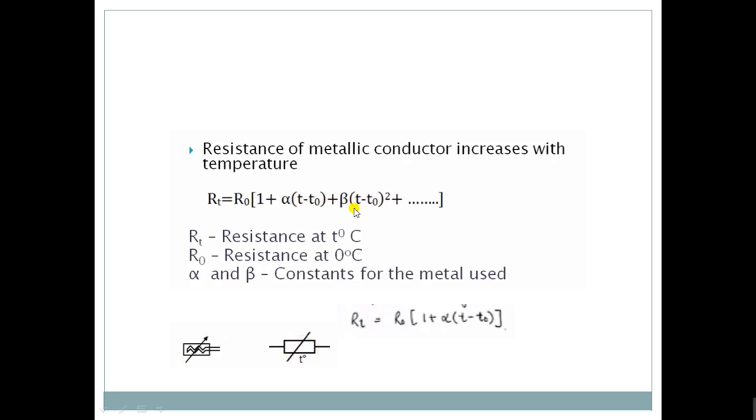The beta term and all the higher order values are small, so I can neglect them. If I neglect them, I can write simply R_T equal to R naught into 1 plus alpha (T minus T naught). Otherwise, I can say R_T equal to R naught into 1 plus alpha into change in T. This symbol represents the RTD. Similar to our diode and transistor, these are the symbols of RTD.